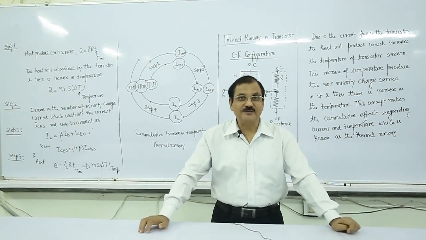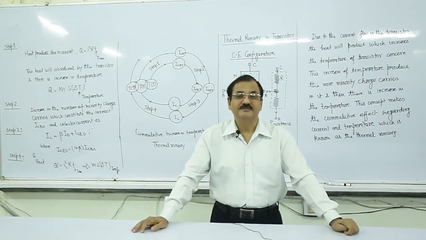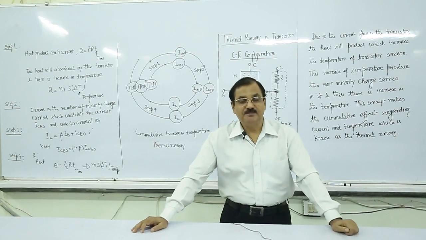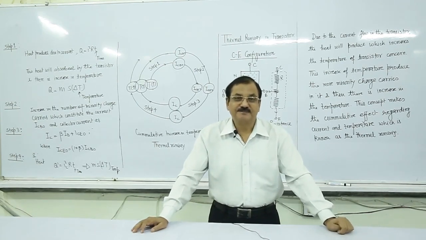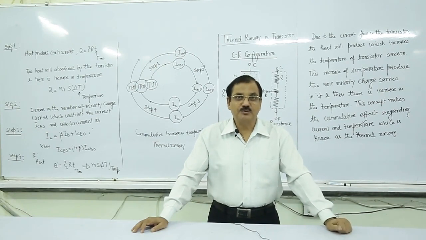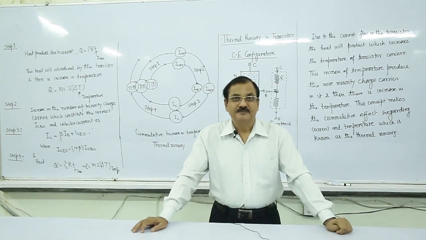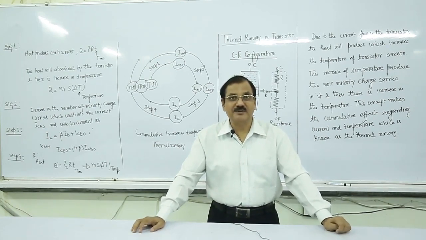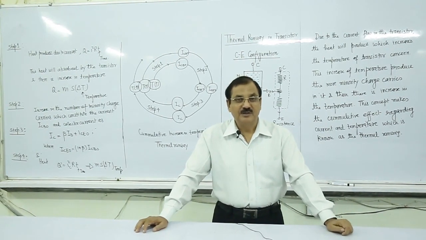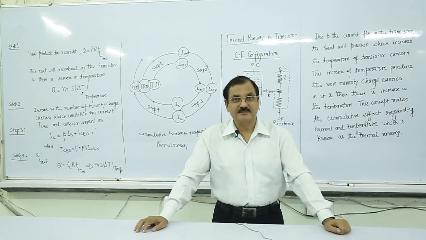After the discussion of common emitter configuration and the input and output characteristics, we will switch over to the application area of common emitter configuration. But before encountering the several types of problems in the circuit configuration, one of the biggest problems is thermal runaway.